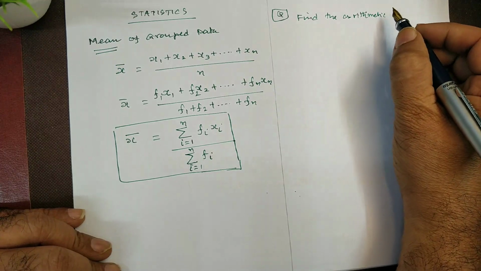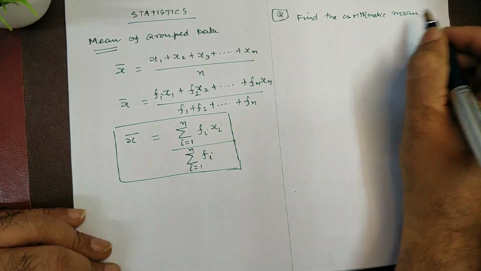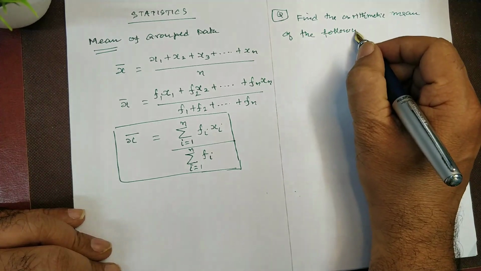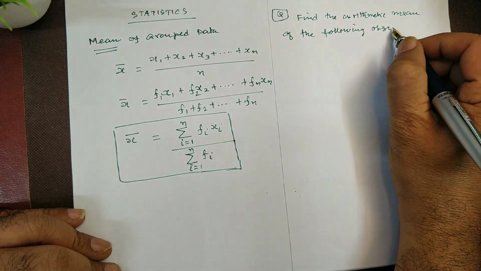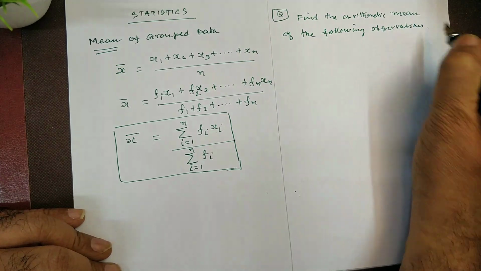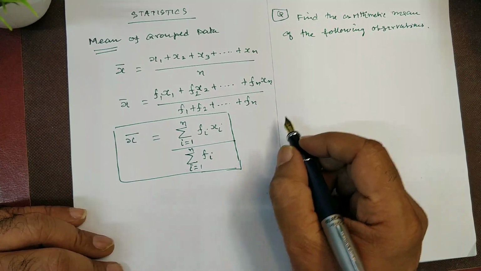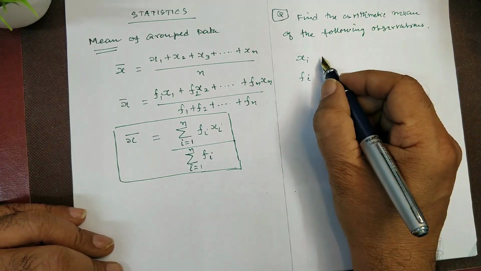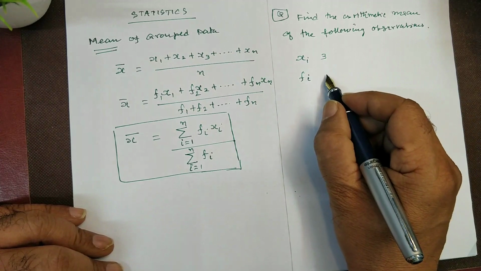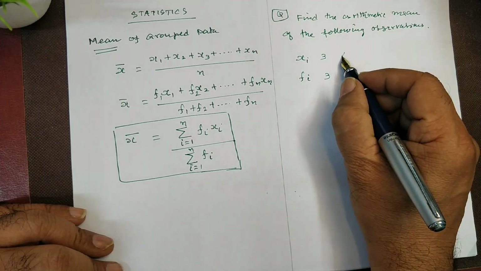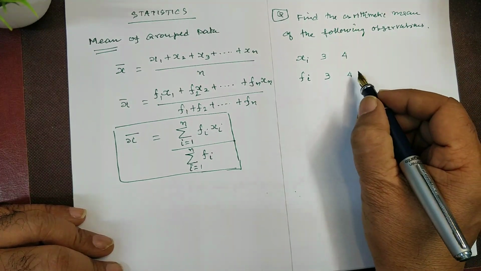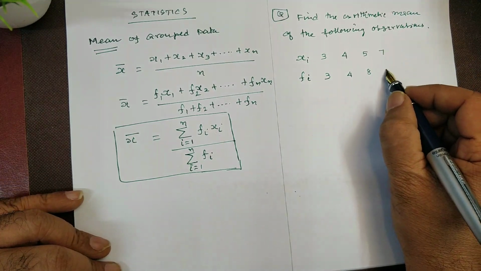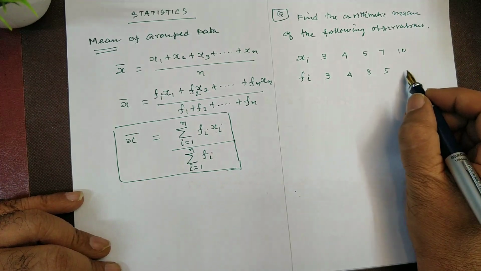Find the arithmetic mean of the following observations. xi, fi. xi is 3 and it appears 3 times. 4 appears 4 times. 5 appears 8 times. 7 appears 5 times. 10 appears 10 times.